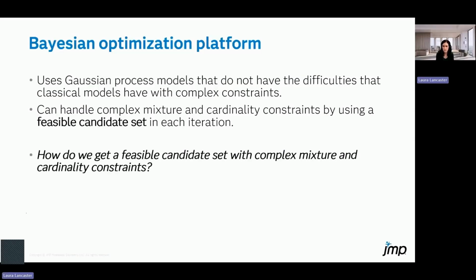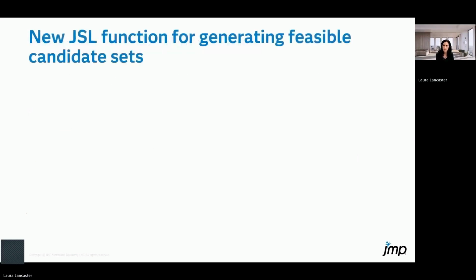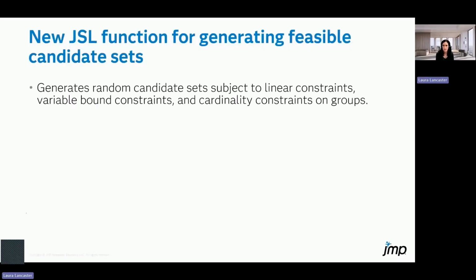So now the question is, well, how do we get a feasible candidate set when we have complex mixture and cardinality constraints? Well, there's actually a new JSL function in JMP for generating feasible candidate sets. This function generates random samples that are subject to linear constraints, variable bound constraints, and cardinality constraints on groups.